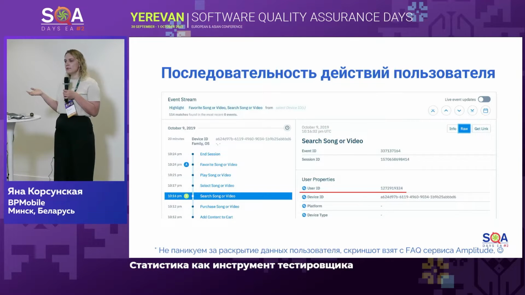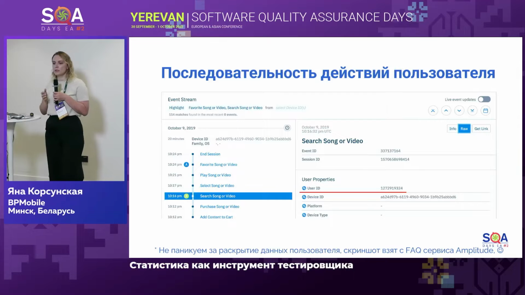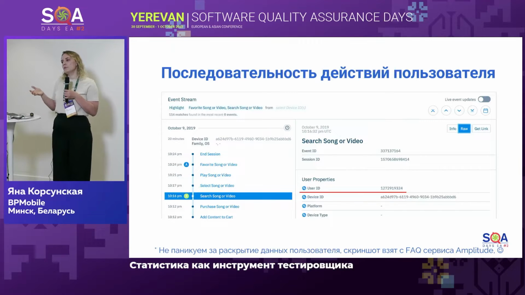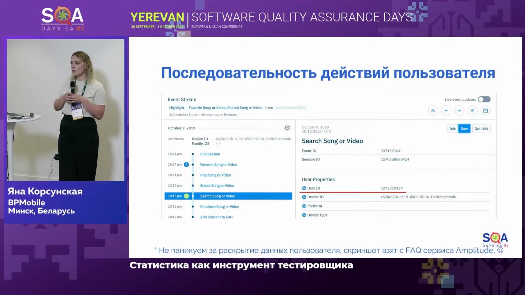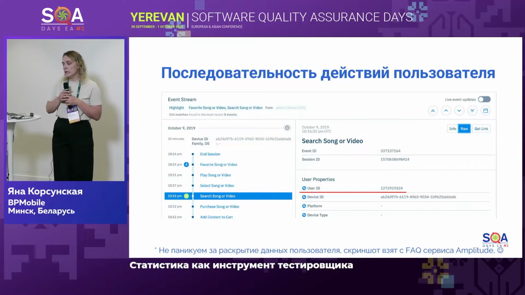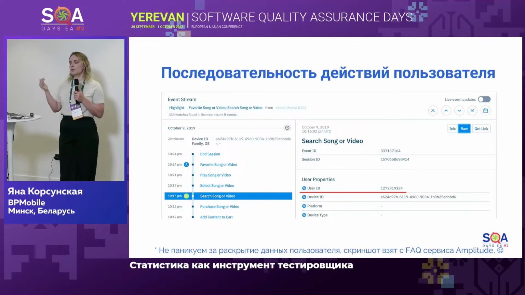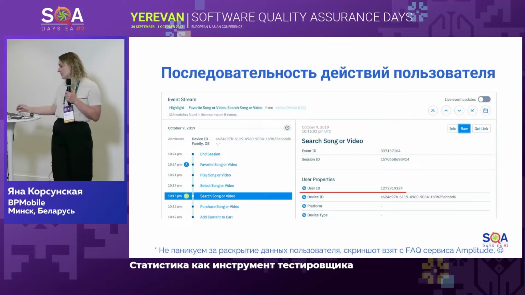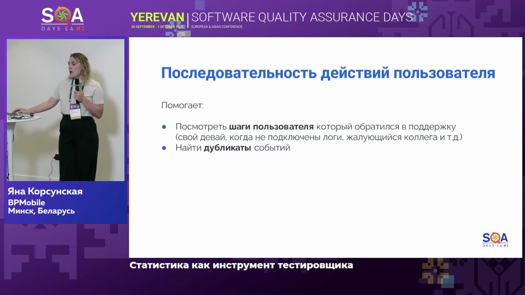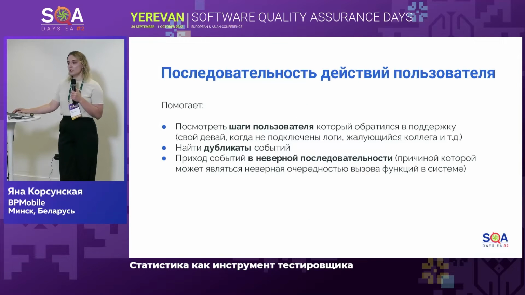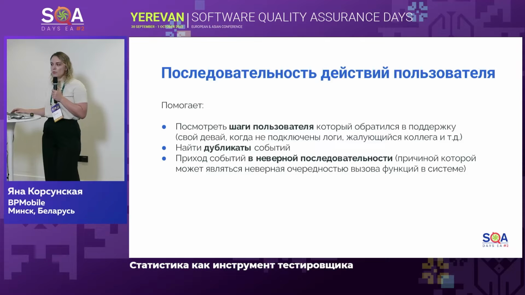So you can take this device, use this approach, and use the event stream in order to follow the sequence of actions. At the same time, the event stream allows you to find duplicates of the events or wrong sequences.